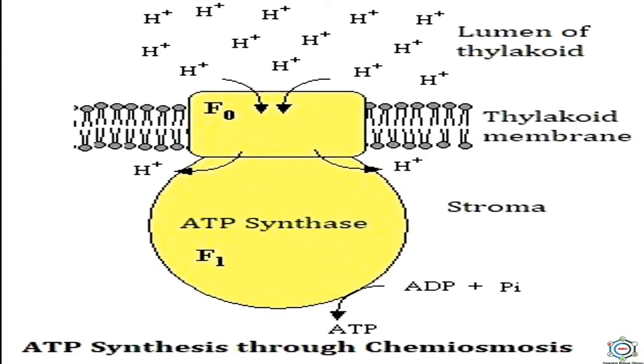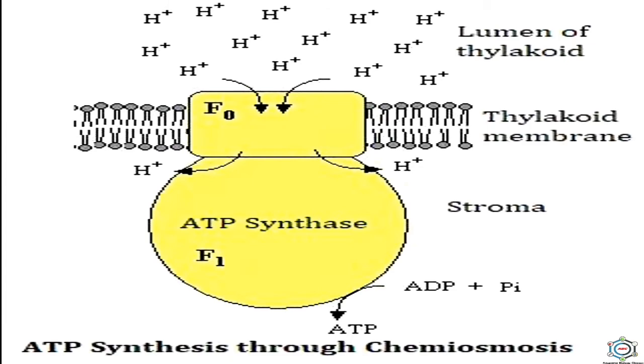So, what is the structure of the ATP synthase? Since the thylakoid membrane itself is not permeable to protons, they move towards the stroma side of the membrane through the ATPase complex. The ATPase enzyme complex consists of two parts. Here you can see coupling factor 0, that means F0, and coupling factor 1, that is F1.